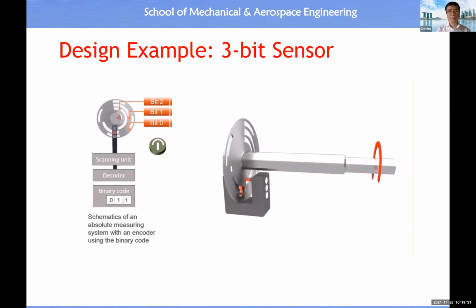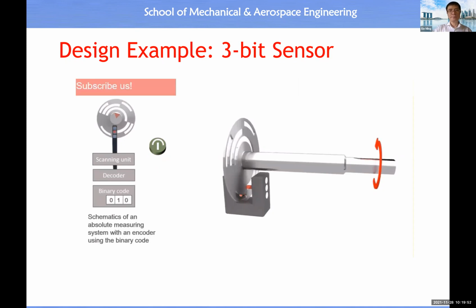The absolute encoder has a coded disk, as an example, you see here the binary code. The construction of an absolute encoder is more complex compared to an incremental encoder, as they require a decoder. But the big advantage is that each angular position of the shaft can be read at any time, even after a power failure. That means there is no counter value to lose.